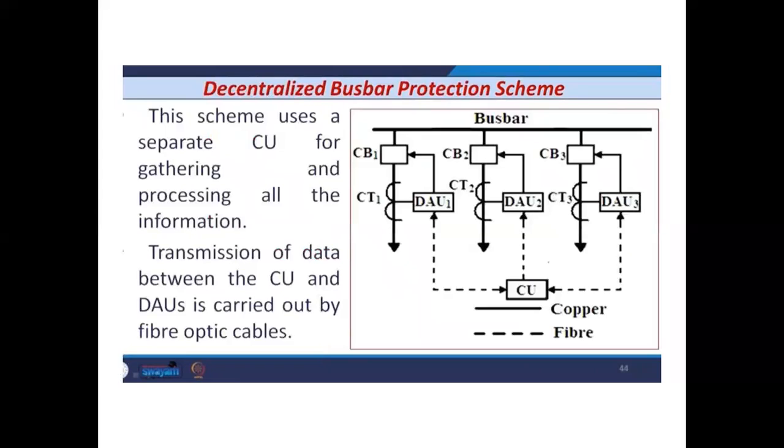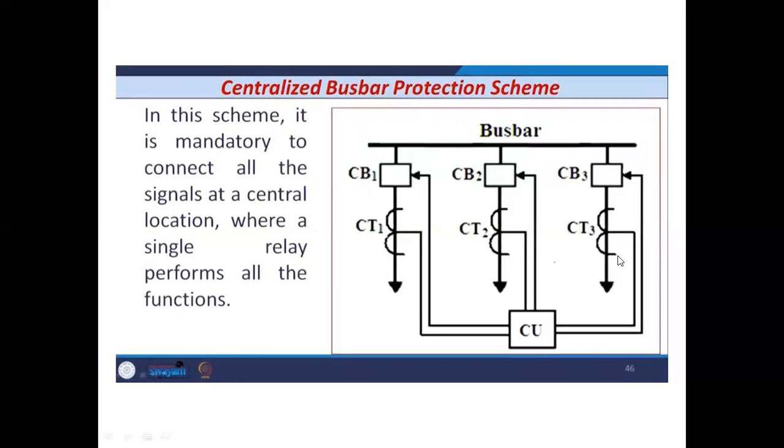In the decentralized scheme, separate data acquisition systems were provided, but in the centralized scheme one centralized unit acquires the data from each CT and at the same time sends the signal to each circuit breaker.